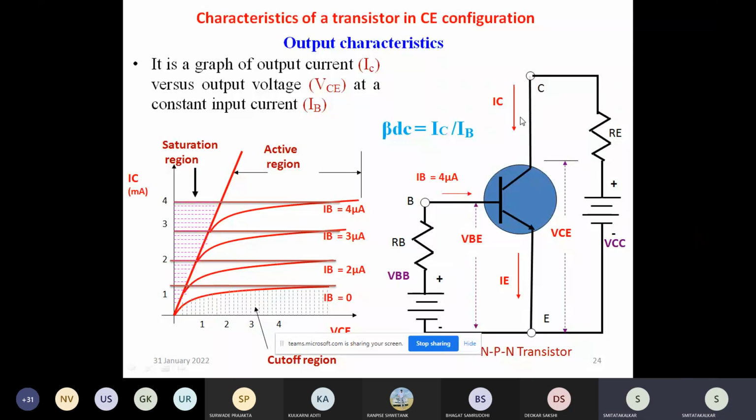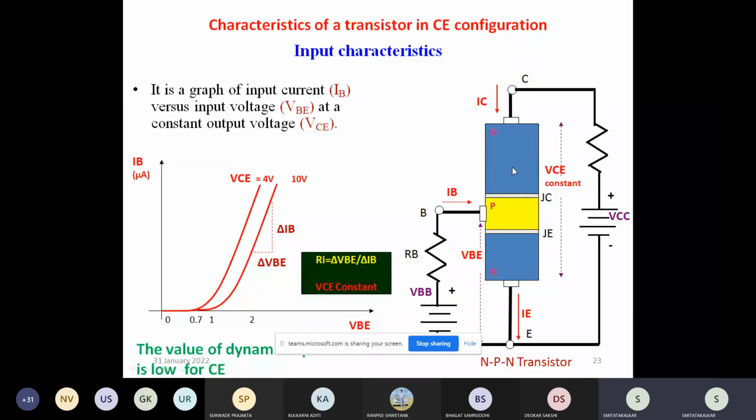The collector current is downwards and the emitter current is also downwards. That's why when the collector emitter voltage is increased, the collector current also increases and the transistor goes to reverse bias, because here is junction with junction, negative junction.